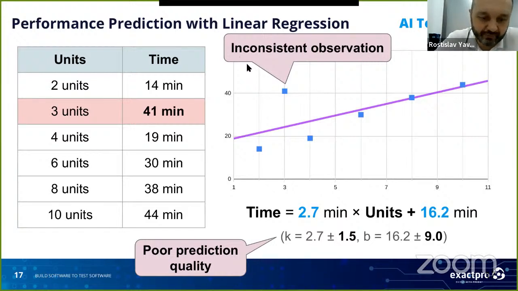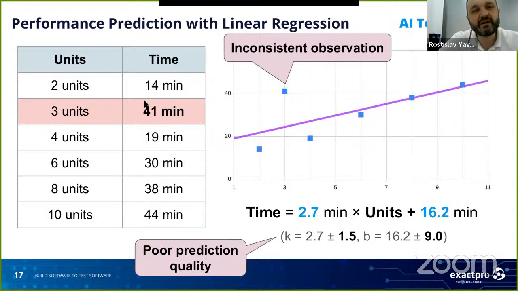So if you really would like to apply this prediction, this performance analysis in your future work, you would spend some time to figure out this observation. From common sense, you see that it takes less time, just 19 minutes, to make 4 units than to make 3.